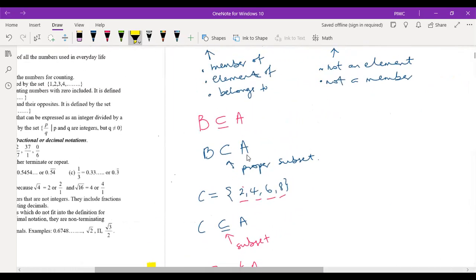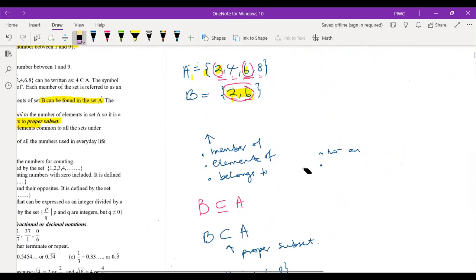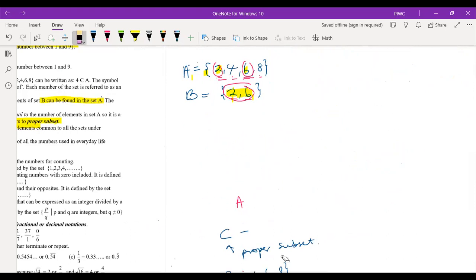So if I go back to set A, I can say that A intersection B, or B intersection A. Let's say A intersection B. It means what do they have in common?